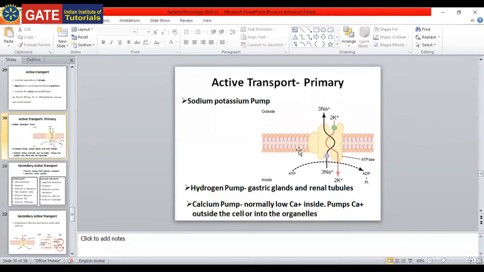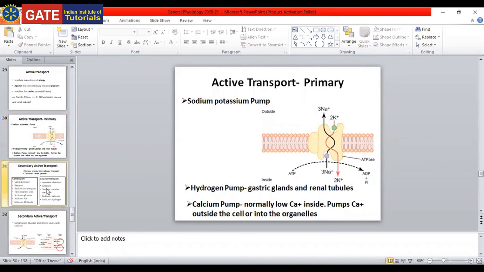Primary transport derives energy from the breakdown of ATP. So we have ATPase here and a carrier protein, and the transport is always against the gradient. This is in the opposite direction, so it is antiport. Similarly, we have the hydrogen pump in the gastric glands and renal tubules, and the calcium pump in the sarcoplasmic reticulum.